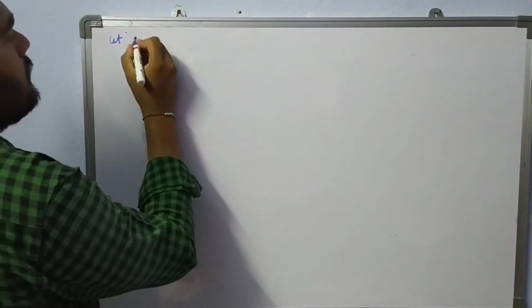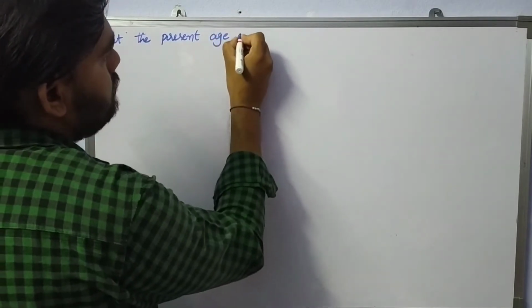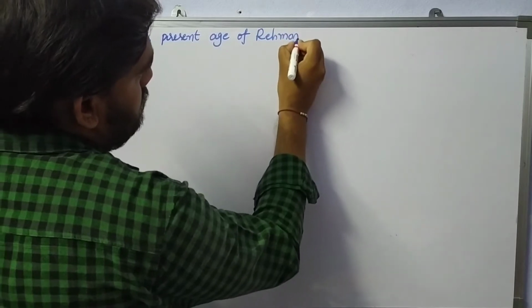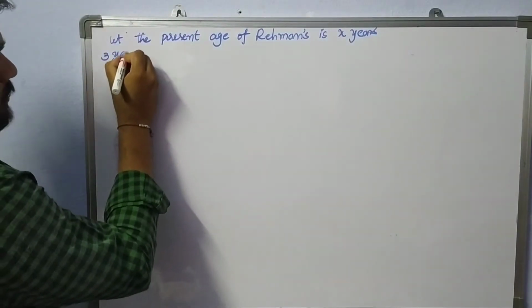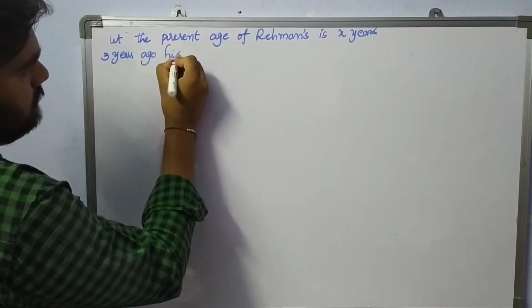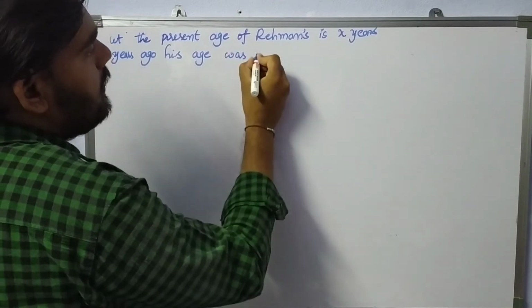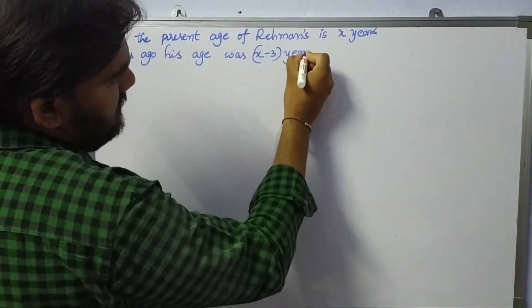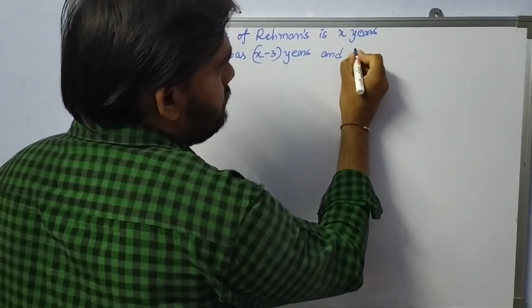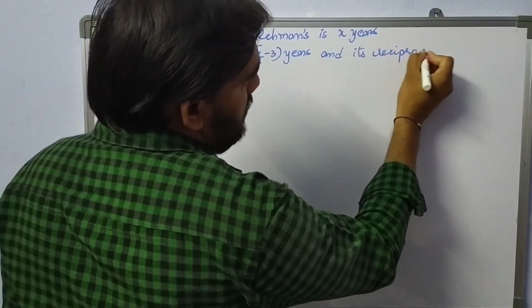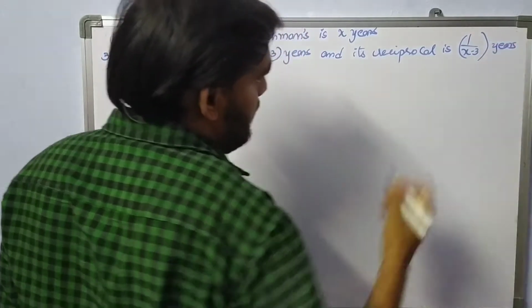Let the present age of Rahman be x years. 3 years ago, his age was x minus 3 years, and its reciprocal is 1 by x minus 3.